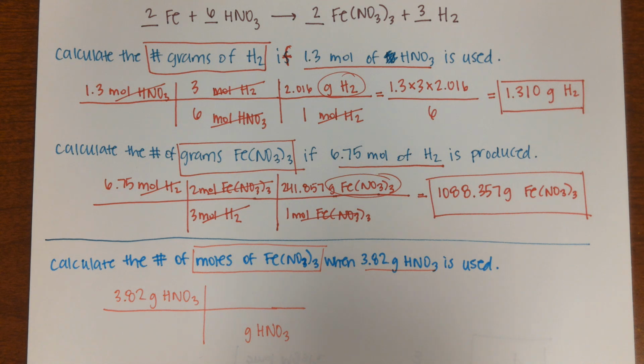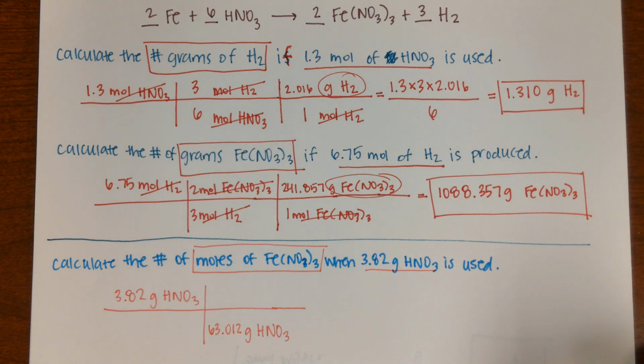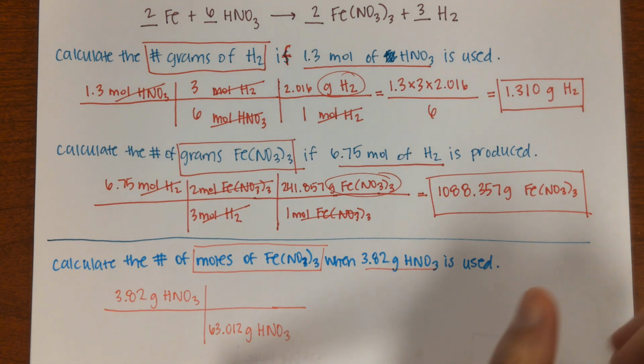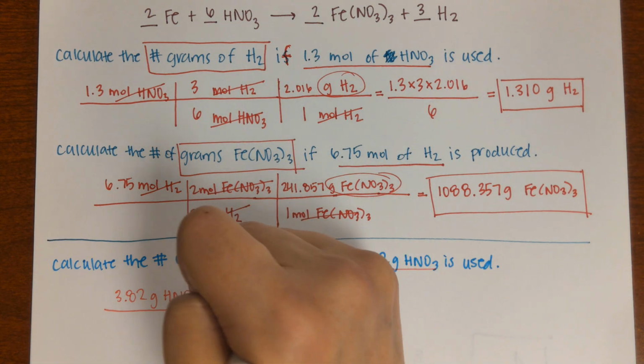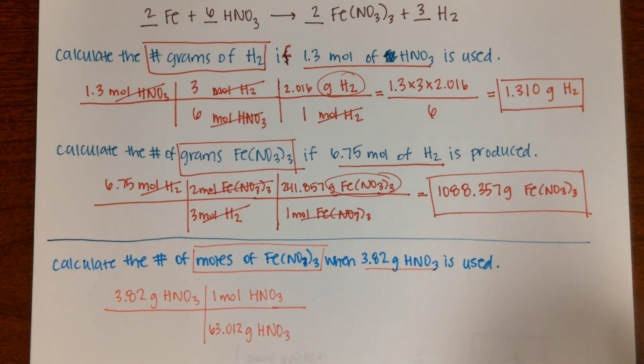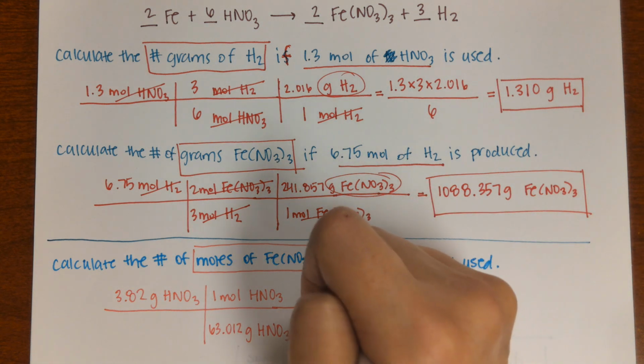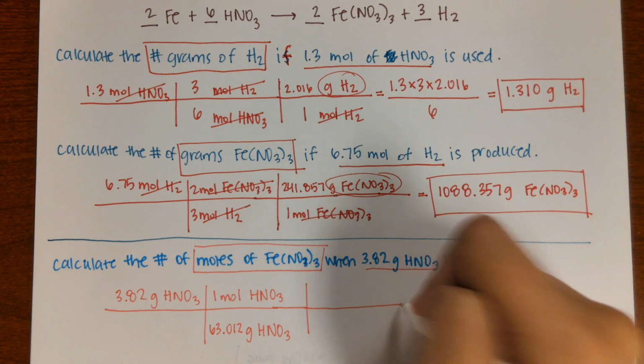So the molar mass of HNO3 is 63.012. And then molar mass is grams per 1 mole, so that goes on top, 1 mole of HNO3. And then that is basically the gateway to get to moles of iron 3 nitrate, excuse me.